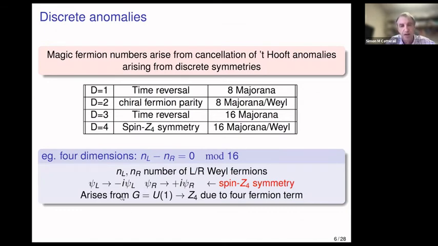And so what's really happening in our SU(5) model is that we're getting constraints on the fermion number because of the presence of this 4 fermion term, which gives rise to additional constraints, which, if you need to cancel the associated anomalies off, will lead to a constraint on the number of fermions, basically.